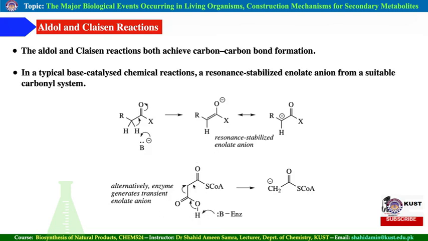For example, with this species, if they attack this hydrogen, this electron pair shifts here and this electron pair shifts here, carbon dioxide will be released and an enolate ion will be produced, but not directly as an enolate ion, rather as a carbanion, that is a negative charge over the carbon atom. Then this electron cloud may shift here and this oxygen may shift here, so as a result we will get another enolate ion.